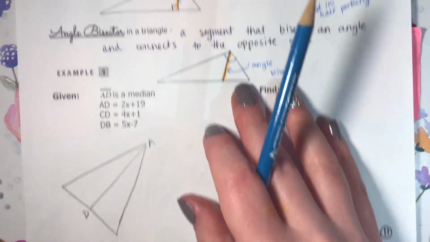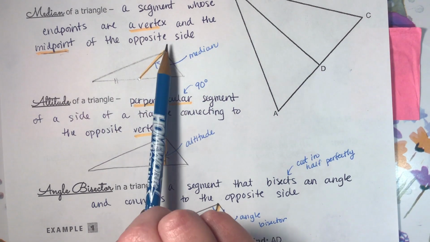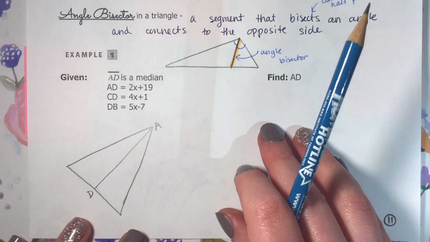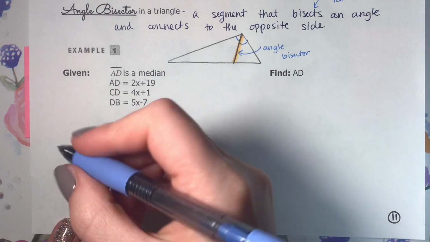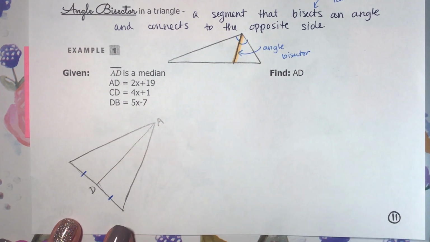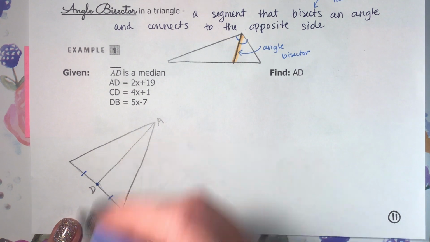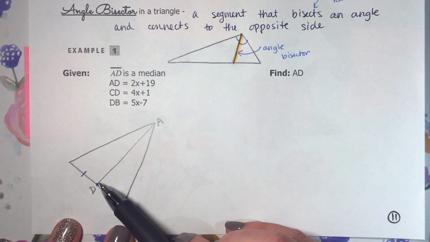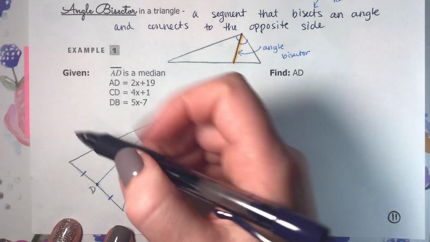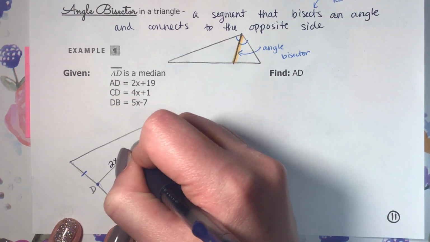So it's a median, which means it's going to be in the midpoint of the opposite side. So now I know, because it's a midpoint, that this guy and this guy are congruent because D is at the middle. All right. The measure from A to D is 2x plus 19.